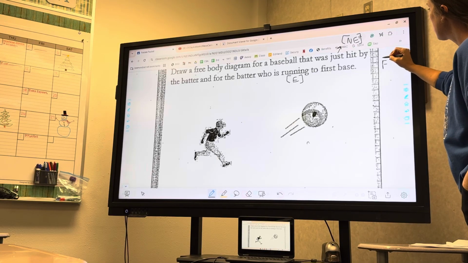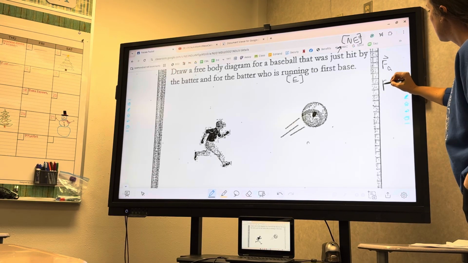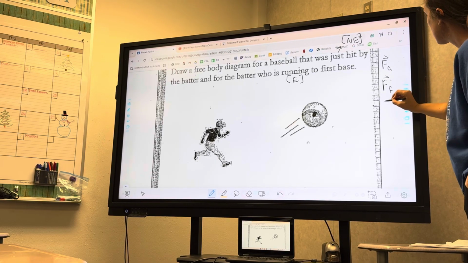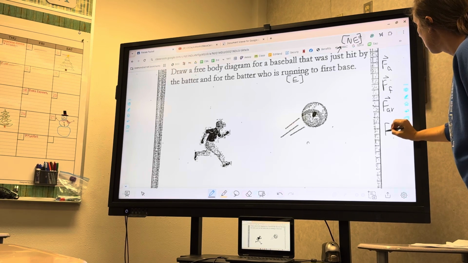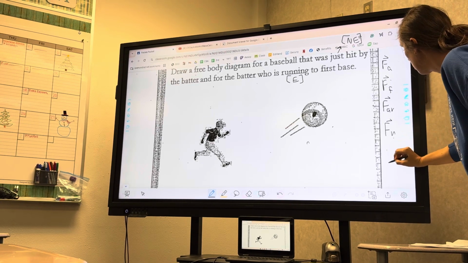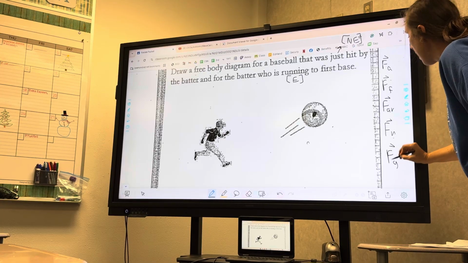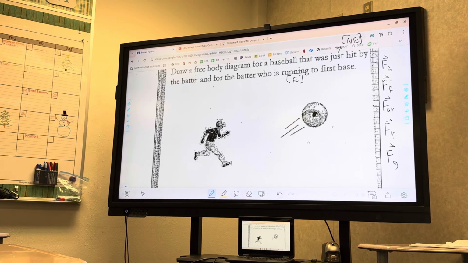So we have force, applied, force, friction, force, air resistance, force, normal, force, gravity. If you want me to check them, I could check them and we'll go over them on the board. The ball is hit northeast, the runner is running east.